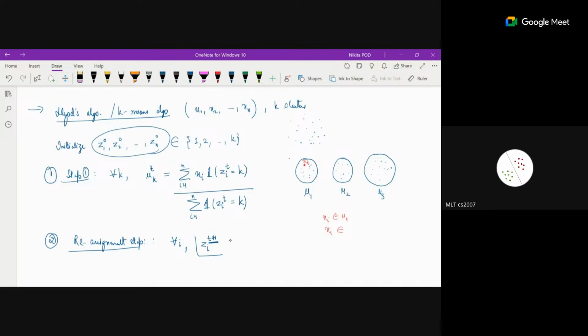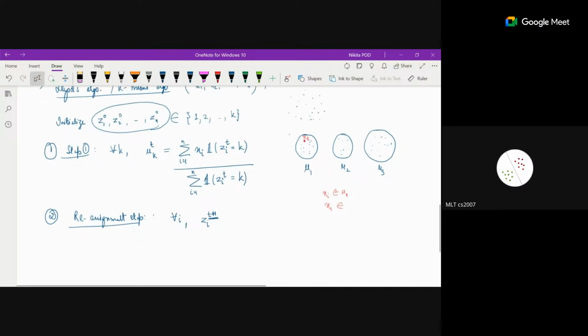It's not that every data point goes to a different cluster in the next round. It may not be true that it always happens. So in the reassignment step, for every data point, I will check what z_i^(t+1) is, using the argmin of the distance of my xi with mu_zi at the tth iteration.